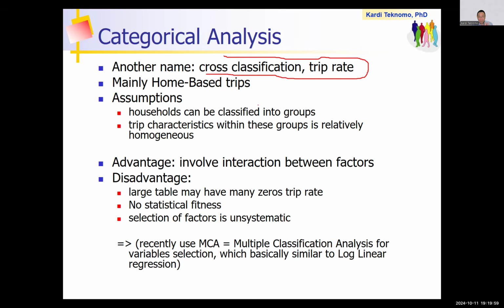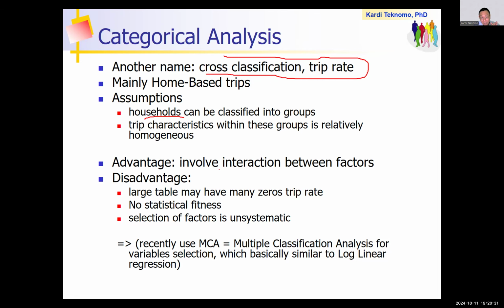There are several tables that you get, and mainly home based, and then you assume that the household can be classified into groups. And then the trip characteristic within this group is relatively equal, homogeneous, uniform. The advantage of this simple model is that it involves interaction, not independent anymore between the factors.